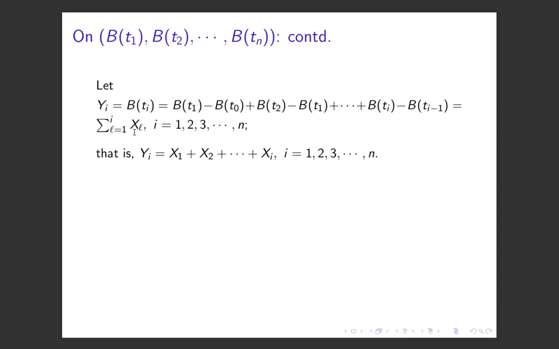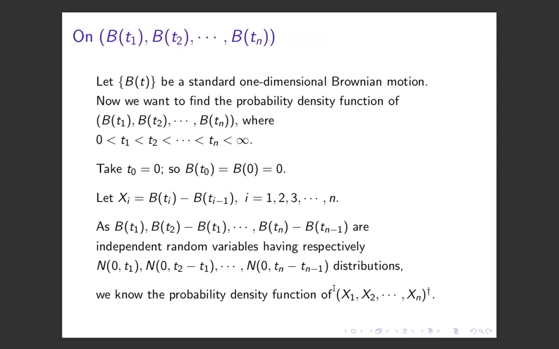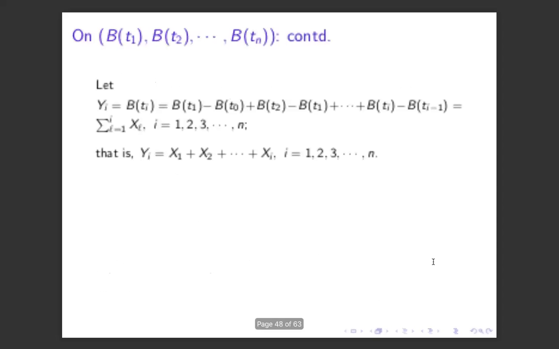So that is what we have written here separately: yi equal to x1 plus x2 plus ... plus xi for any i between 1 and n. Now here we have these xi's, and here the yi's are basically partial sums of these xi's.